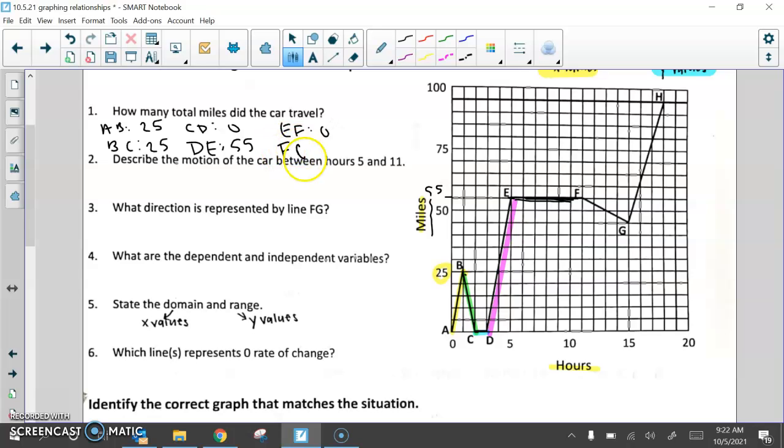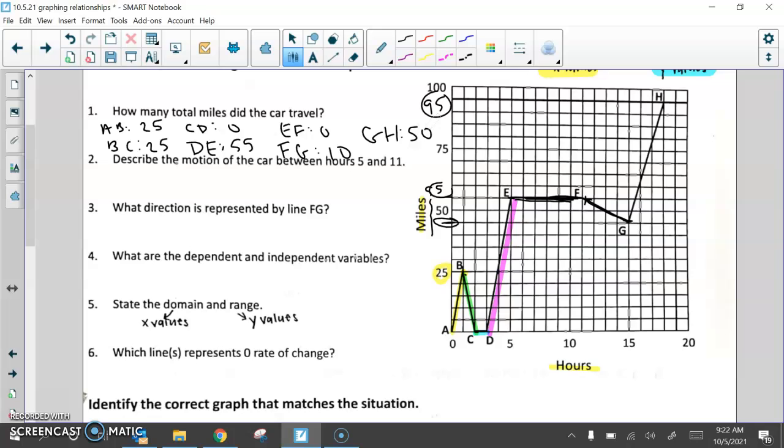F to G. So right here, yes, it's going down, but again, just like before, I don't care it's going down. I'm going from here to here. So I'm going from 55 to 45, which is 10. And then lastly, G to H. G is at 45. H is at 95. 45 to 95 is 50.